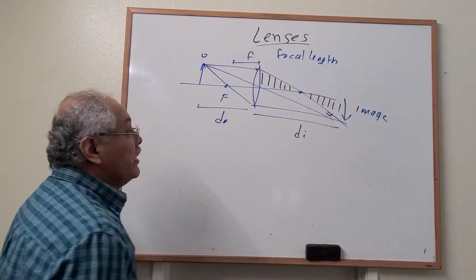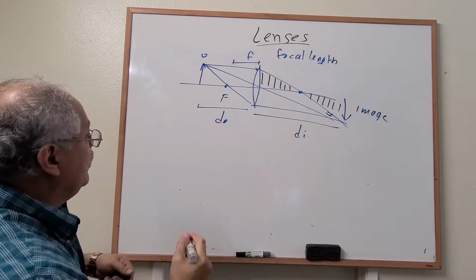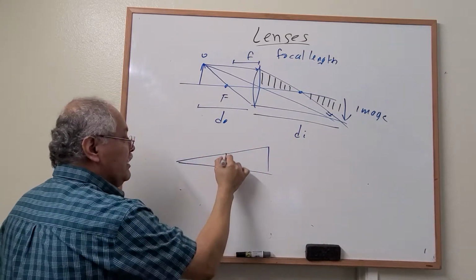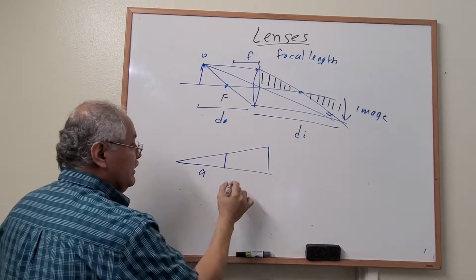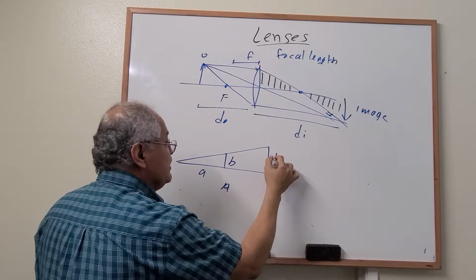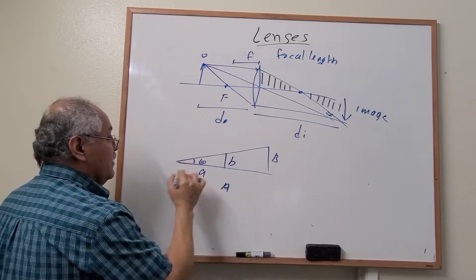These are similar triangles. How are similar triangles related? Imagine that we have this triangle, we label this side as small a, and the largest distance as big A. This is small b, and this is big B. And this is the angle theta.